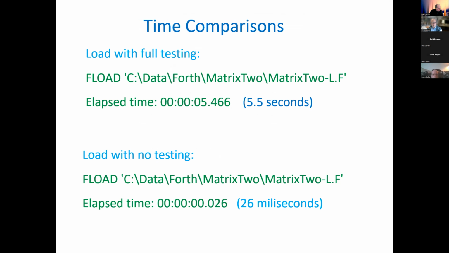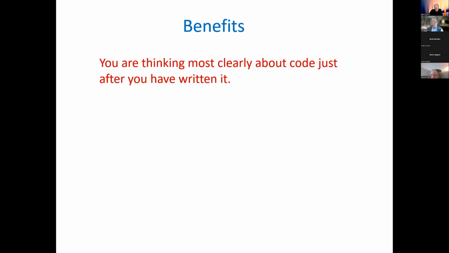If we set the test limit to 0, we will have no testing done. We recompile, and the entire recompilation is 26 milliseconds. So you can see the trade-offs we can do. If we only wanted to test the last couple of routines, it might add half a second, maybe 1 second to the entire recompilation.